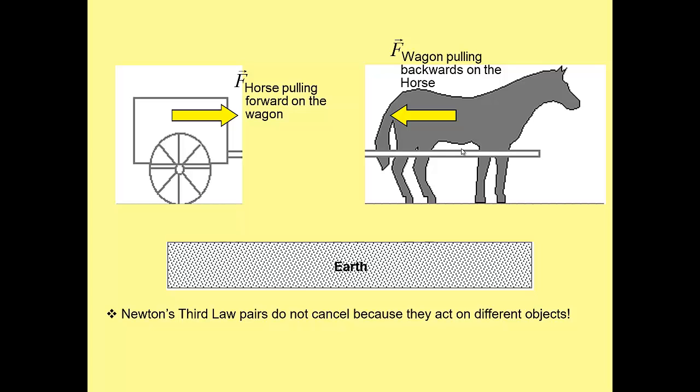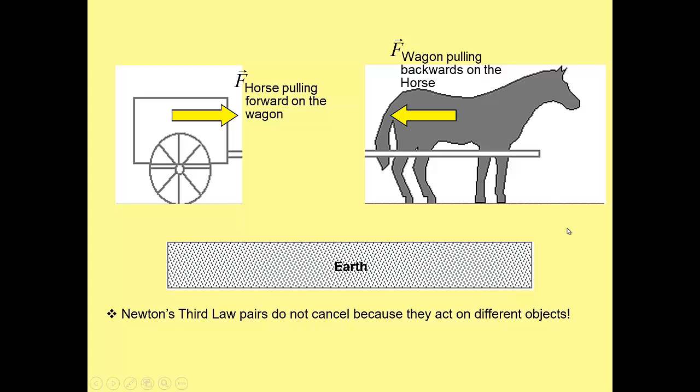In fact, if you're looking at two forces that are acting on the same object, they might be equal and opposite in size, but they're not a Newton's third law pair because they act on the same object. Newton's third law pairs are always: the seat is pushing up on you, you're pushing down on the seat. The horse is pulling the wagon forward, the wagon is pulling backwards on the horse. One force on the wagon, one force on the horse.